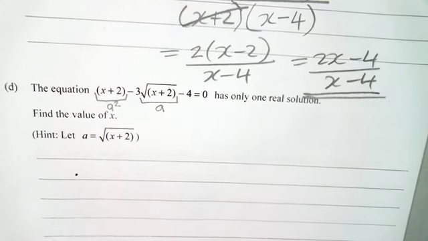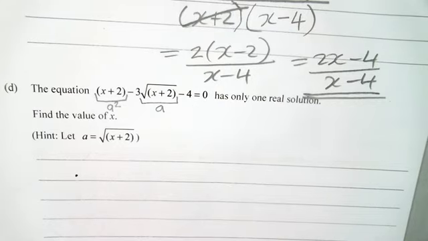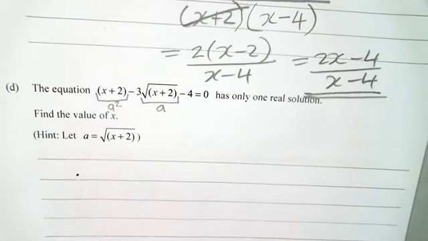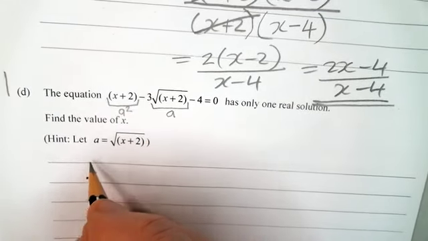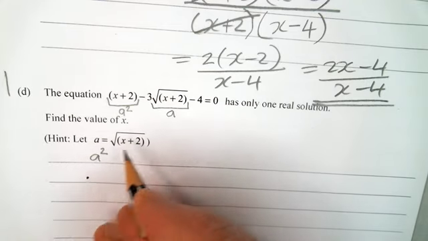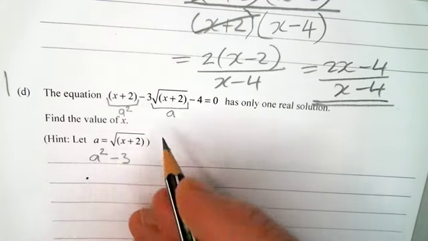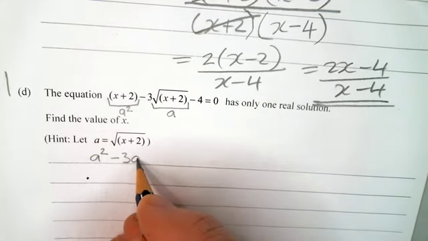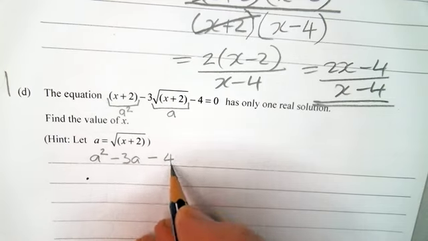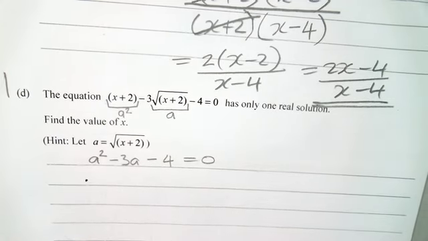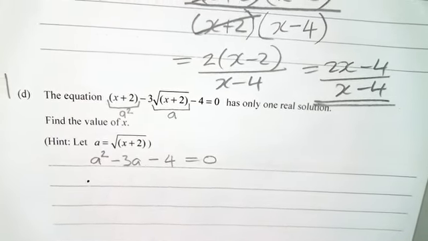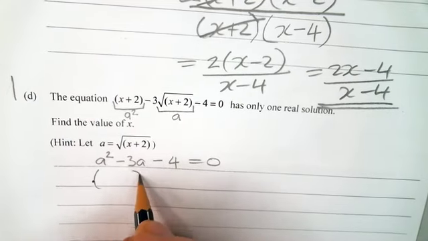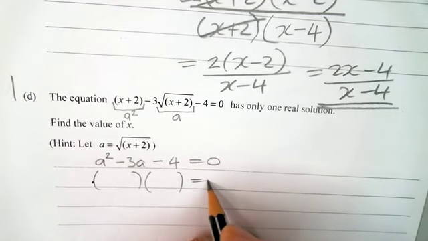So let's go ahead now and turn this into the quadratic that it always was. So this here is going to be a squared minus 3 times a minus 4 is 0. Okay, let's go ahead and factorize that. So this is this basic quadratic.